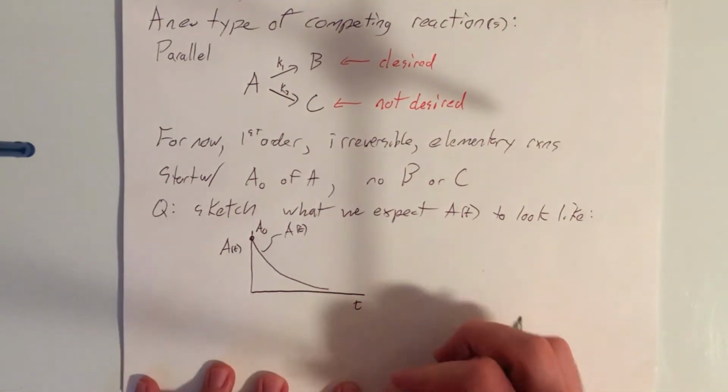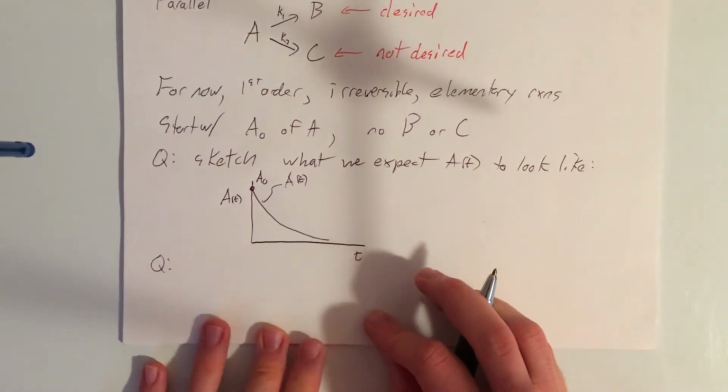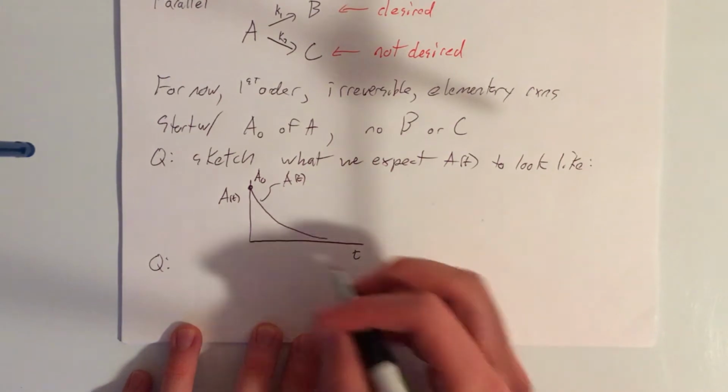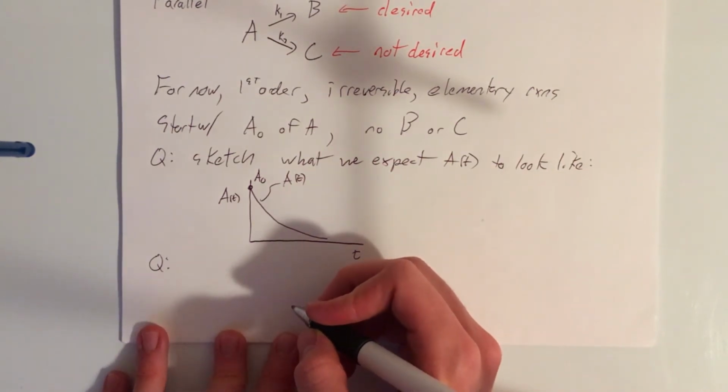So now another question. Which product, B or C, do we expect to get more of?